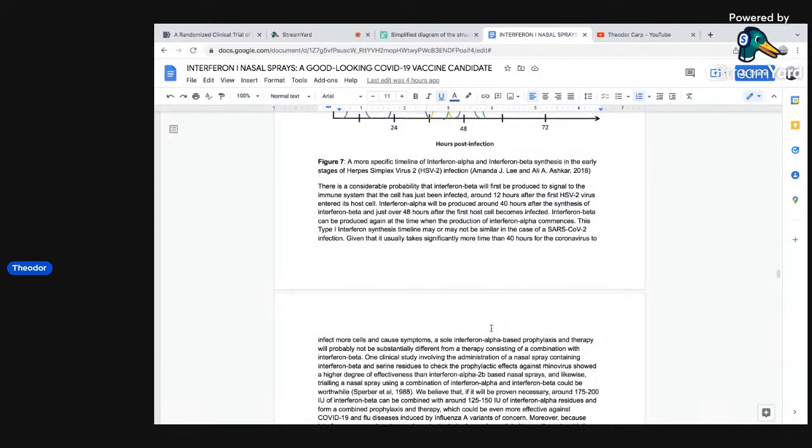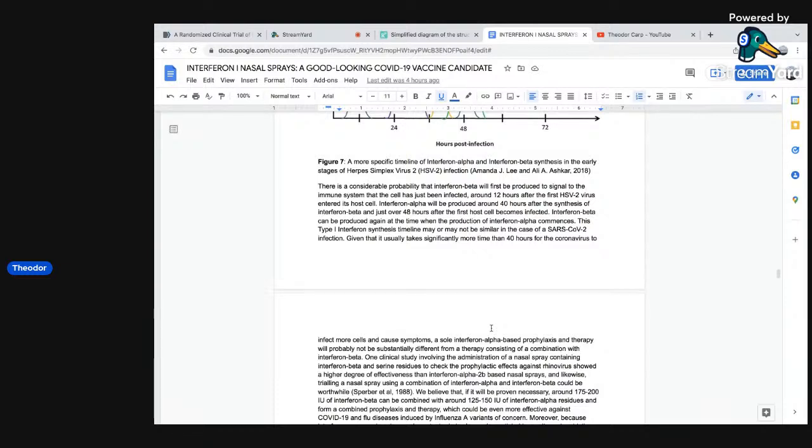Yeah, the clinical trial performed in Iran, and what happened there is they used a 12 million international unit injectable interferon 1, interferon alpha in that case, and the results were very good actually. The death rate was cut by over 50%, and early treatment had particularly great effects, a particularly sharp impact upon the death rate.